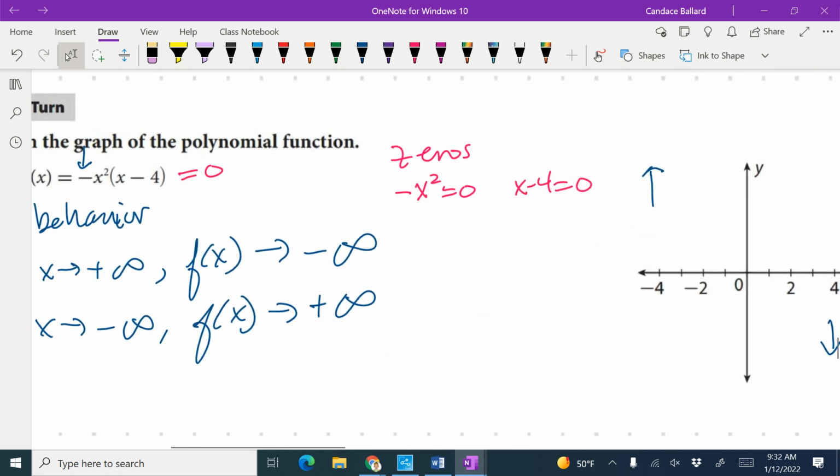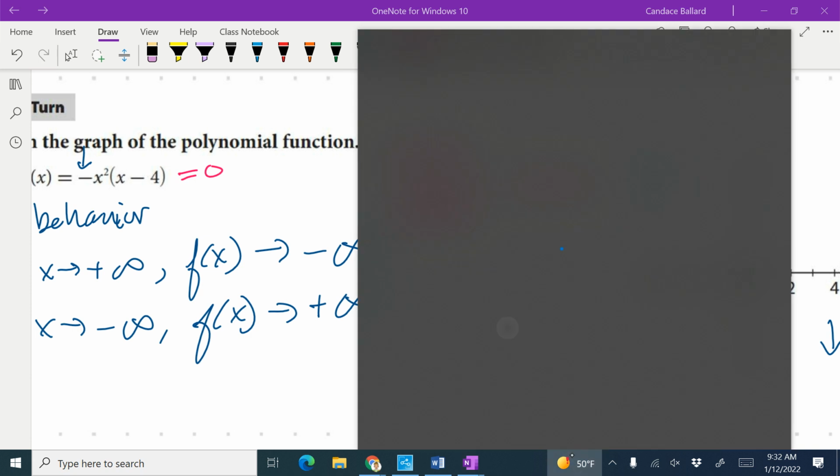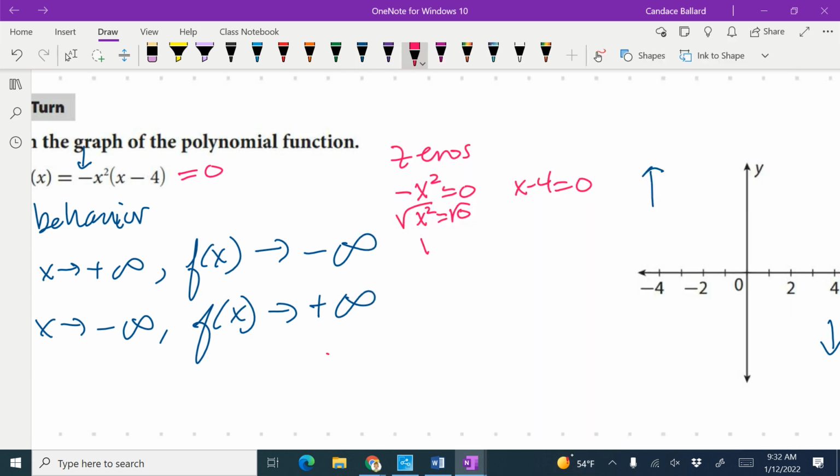All right. When I divide that negative over to the 0, what do I get? 0. All right. We take the square root. So square root of 0, still 0. Okay. So I know one of my zeros is 0.